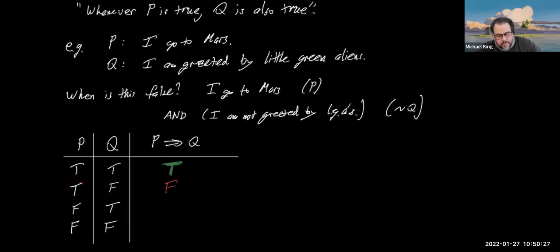This is where there's this slightly strange default towards true. So these are considered true. It's a little bit strange. It takes some getting used to that this is the truth table for implies, but it just makes everything work in math.